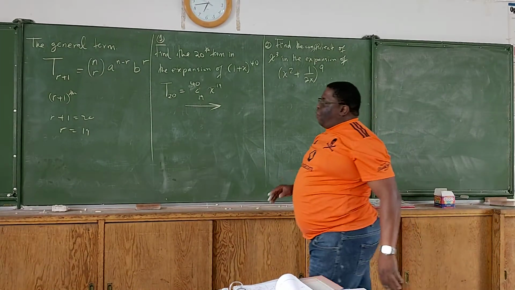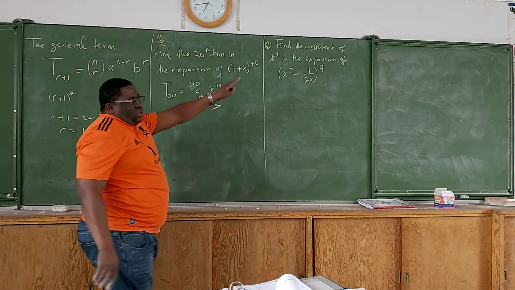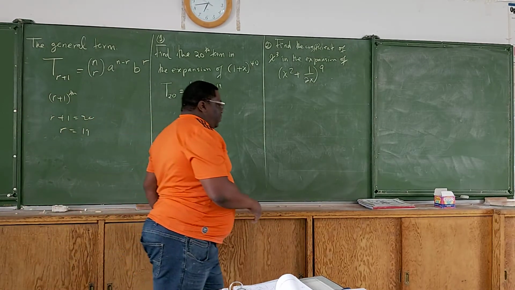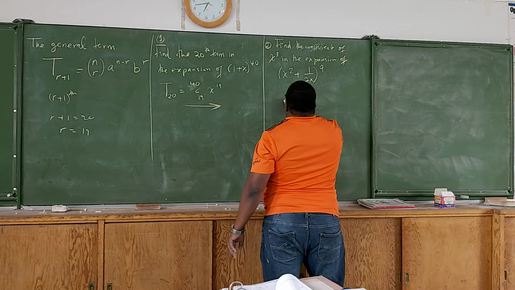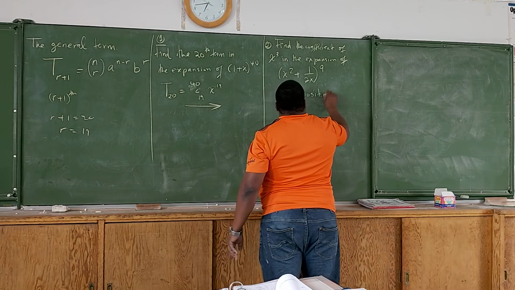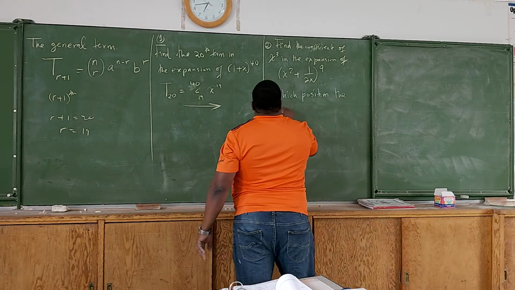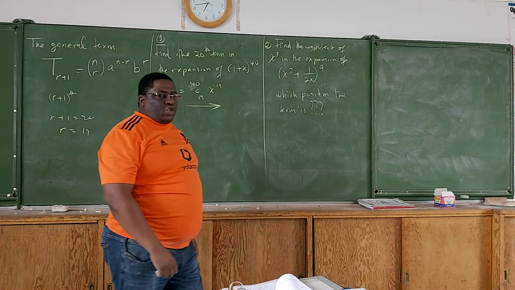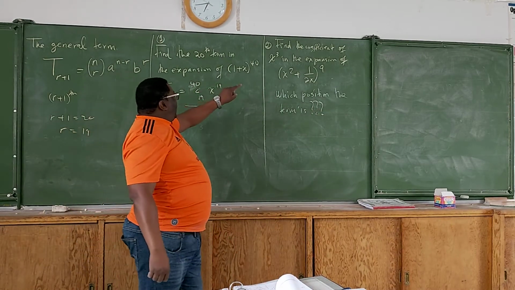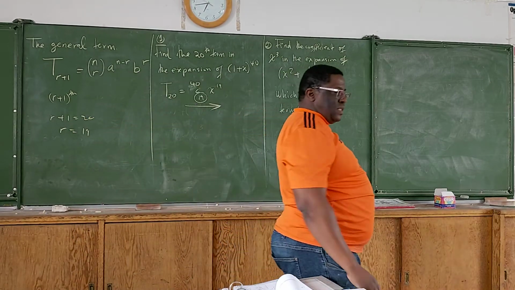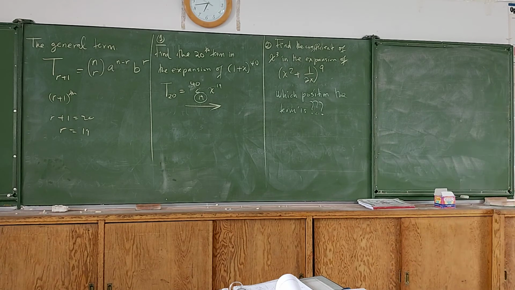Looking at our general formula, here we don't know r. Let me try it out. We don't know this, so we don't know our r here. Do you understand? So what do you do?